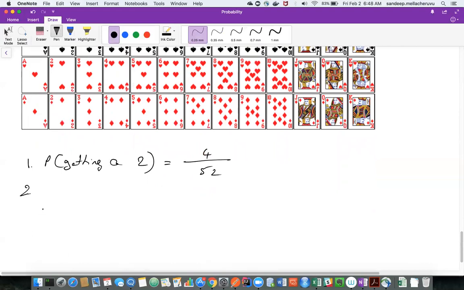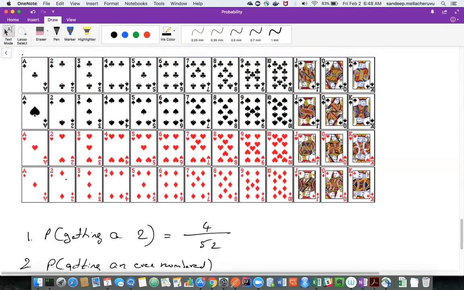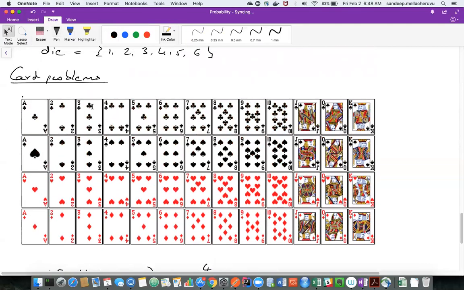Okay. Now again, we'll try another problem. Probability of getting an even numbered card. In this case, when I say numbered card, A is not a numbered card. Only 2 to 10 are numbered cards.